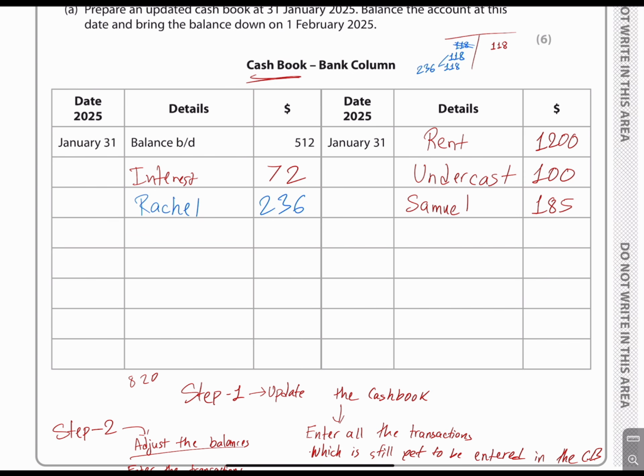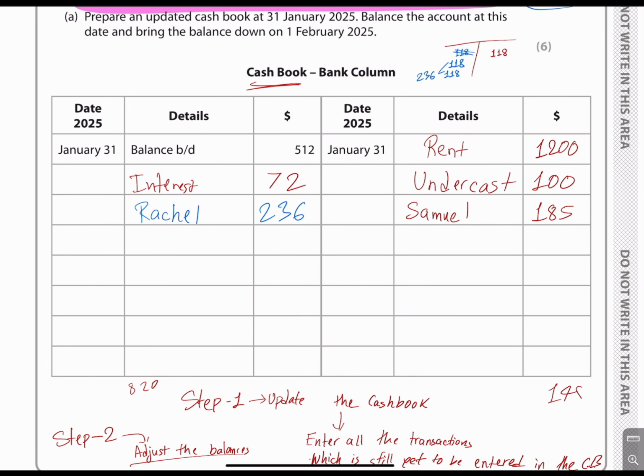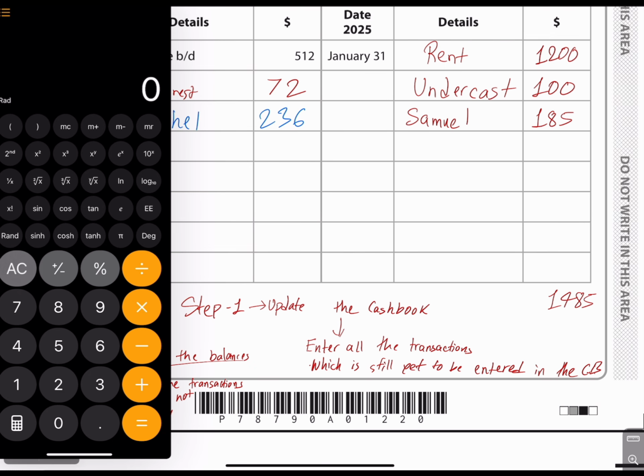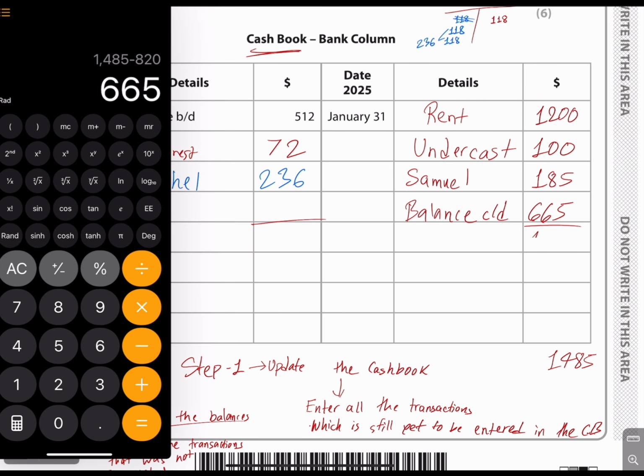And so this side would be 1485, and so 1485 minus 820, it's 665. So balance CD, 665, 1485, close the balance.